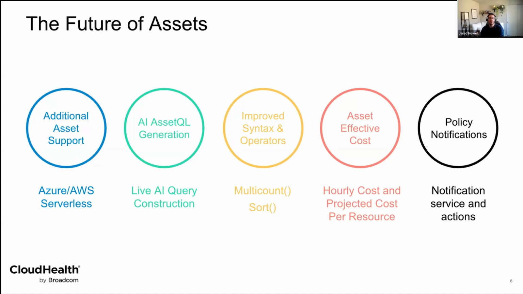The next step is to add a notification service and different policy actions into the graph. That way you could say, show me all unattached EBS volumes, and also notify Jared every time this query finds new results. Trying to bring policy and asset reports even closer together is one of our key areas of investment for the year.